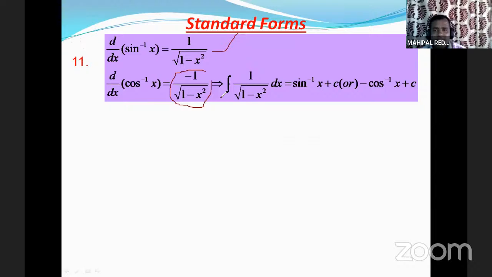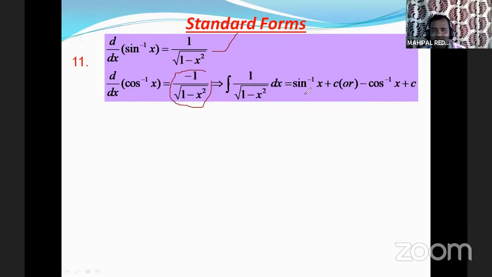This implies integration of 1 by under root of 1 minus x square. Children, listen carefully. Integration of 1 by under root of 1 minus x square is sine inverse of x plus c or minus cos inverse of x plus c.